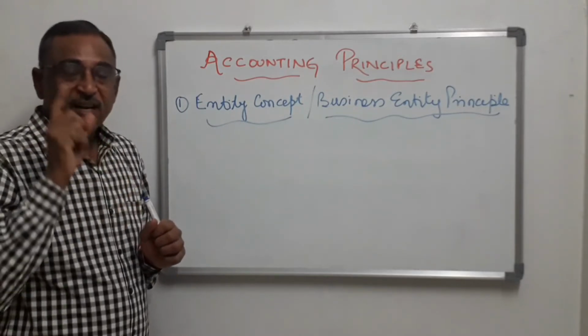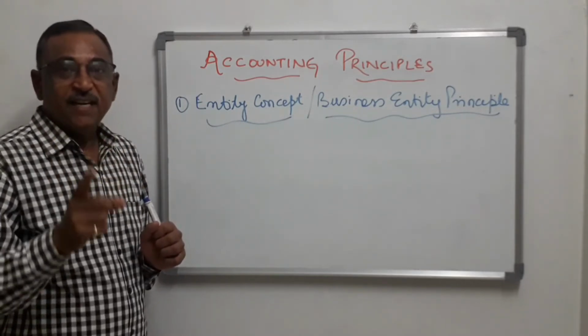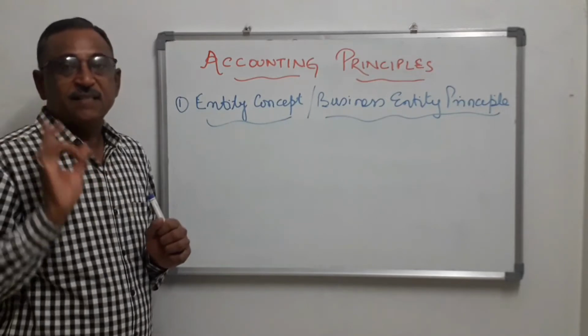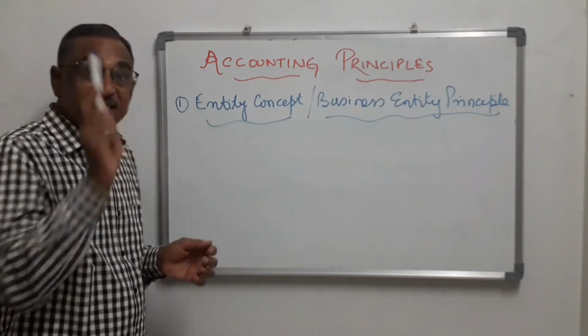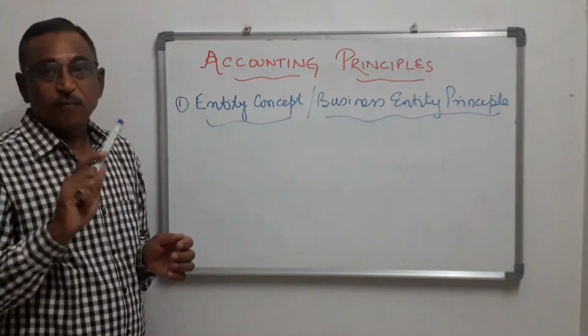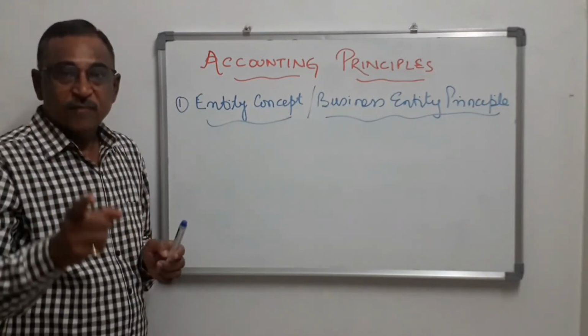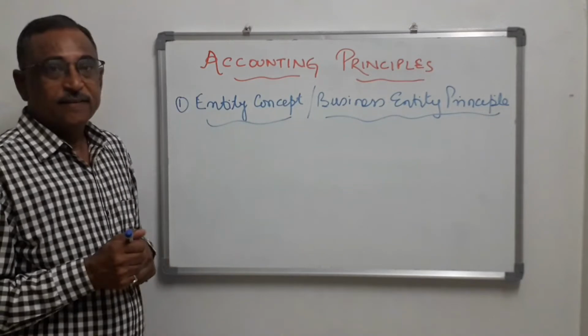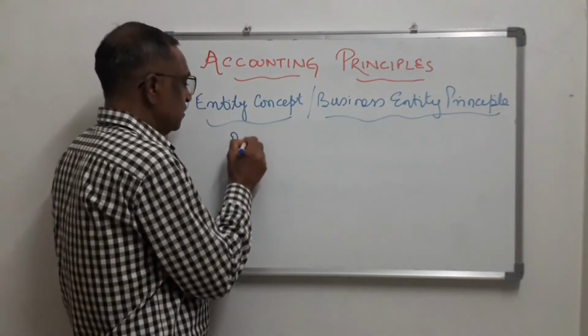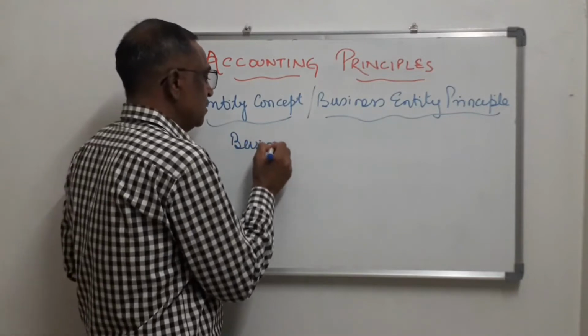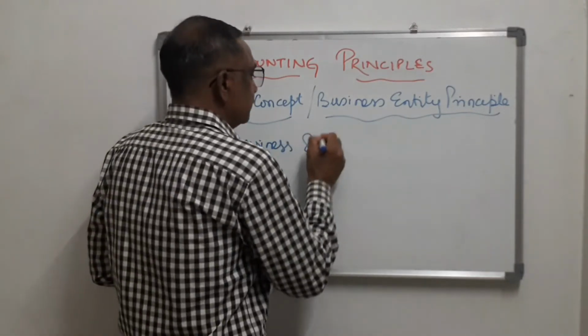Always remember, whenever we have to record any transaction, it is always recorded from the point of view of the business and not from the point of view of the owners of the business.